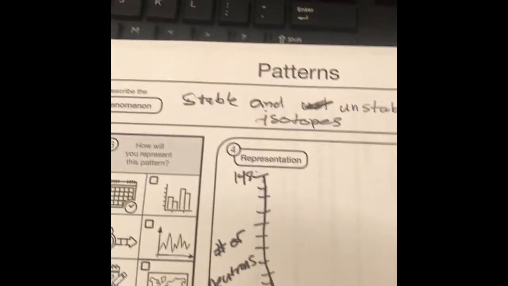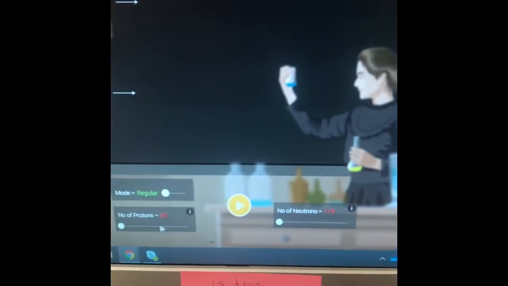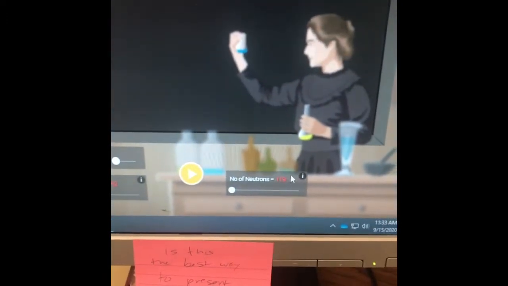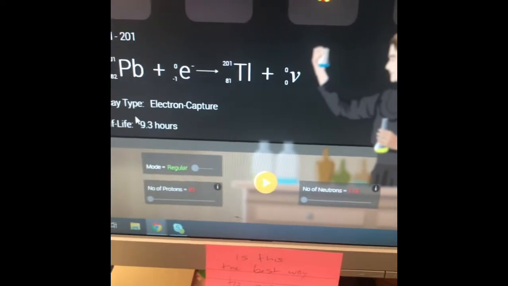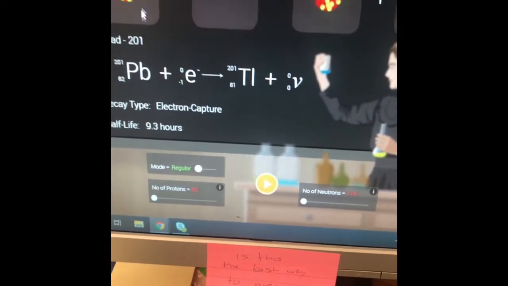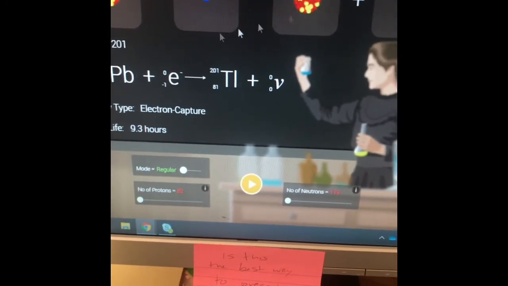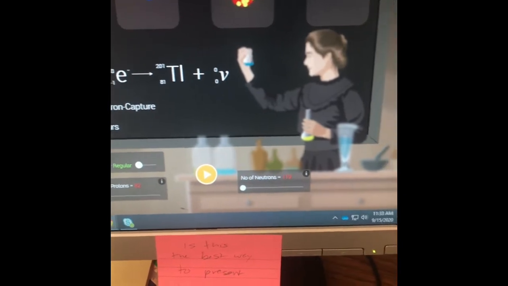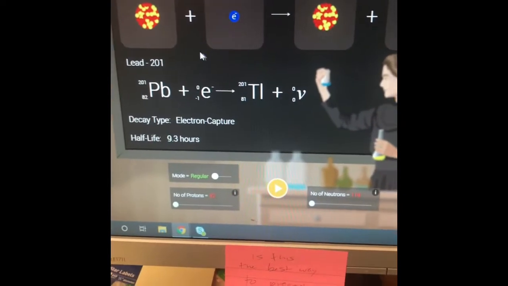So on this graph, let's try our first one, 82 protons and 119. This says that it's electron capture. So this is not a stable decay, and this models the process of what happens when we capture electrons, what the new product will be in our isotopes.